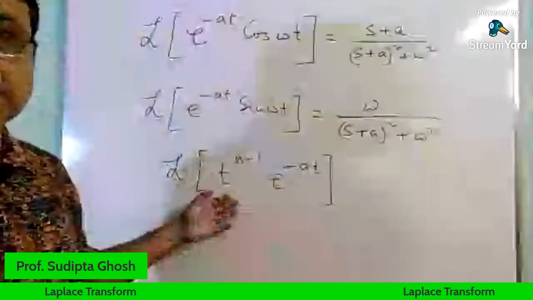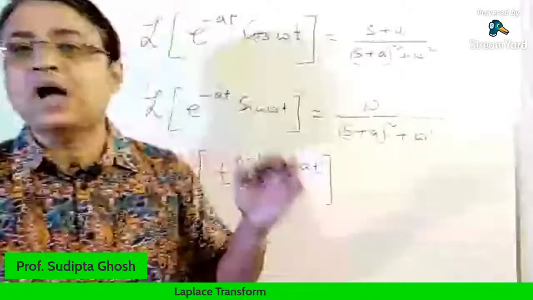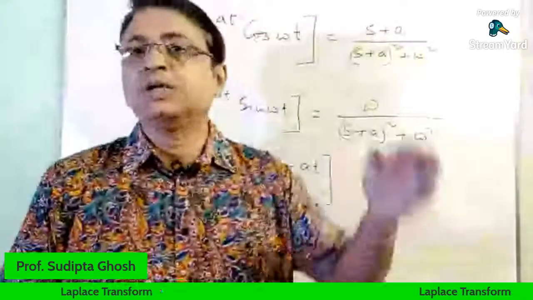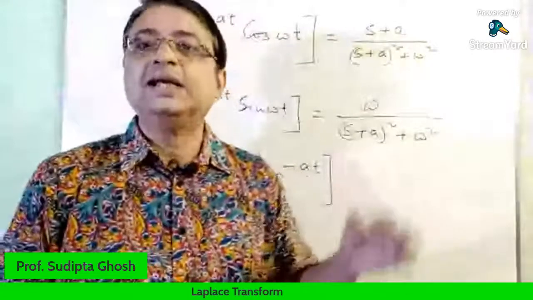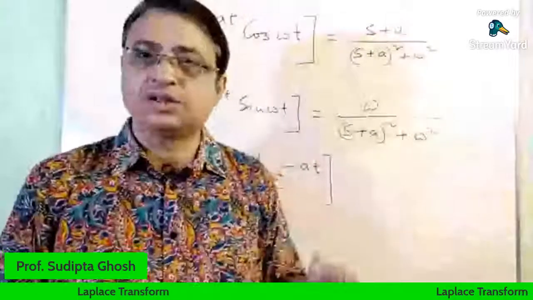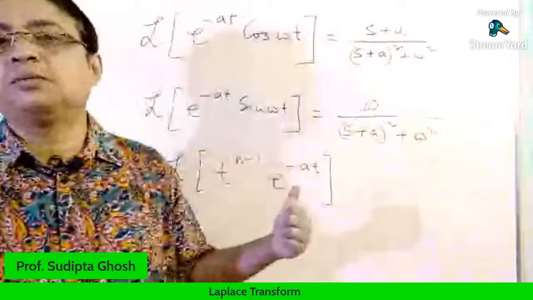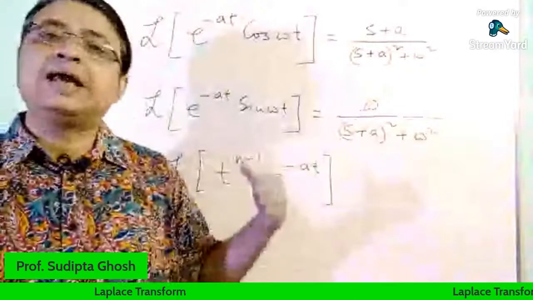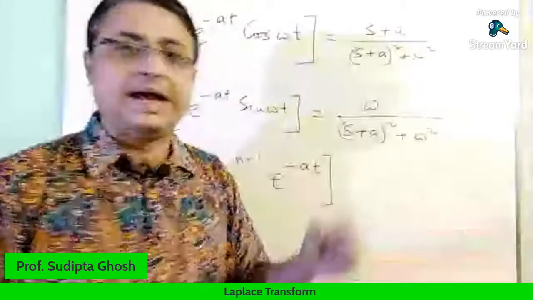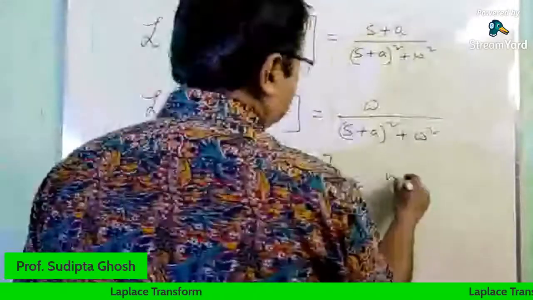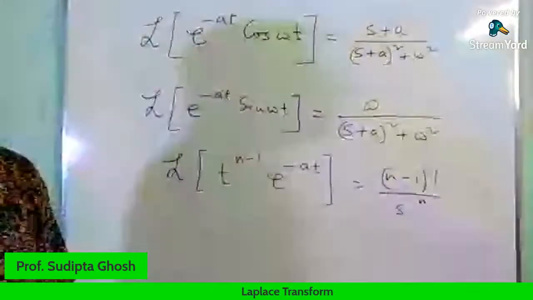Now, for this function, you have to remember that you have to substitute s plus a in place of s. So earlier the Laplace transformation of t to the power n minus 1 was factorial n minus 1 divided by s to the power n.